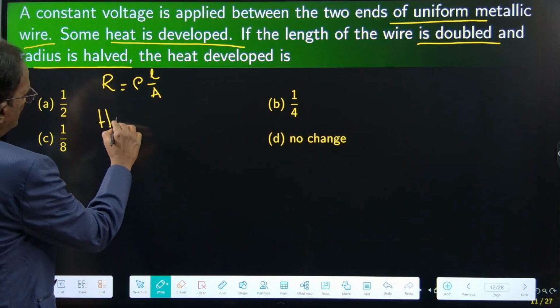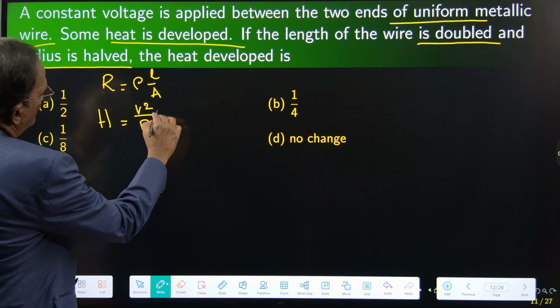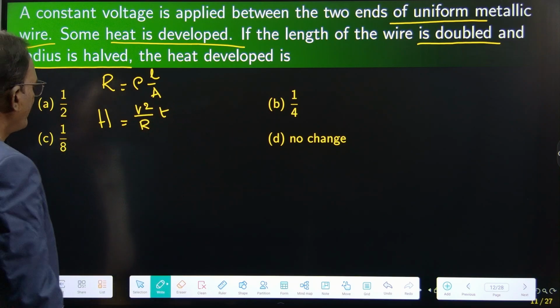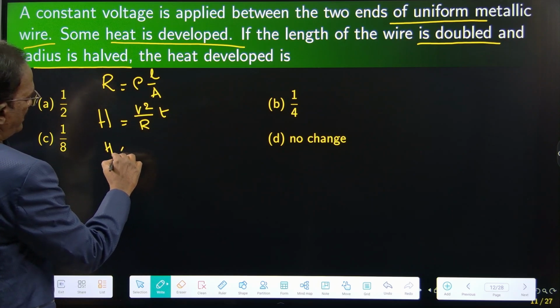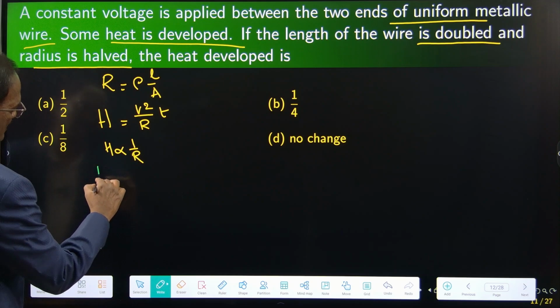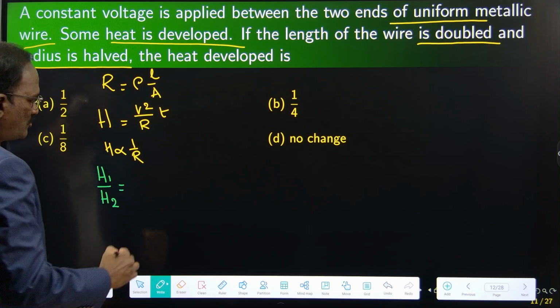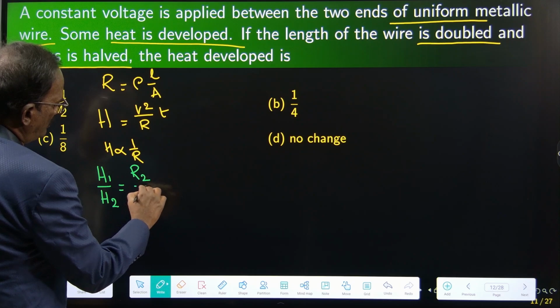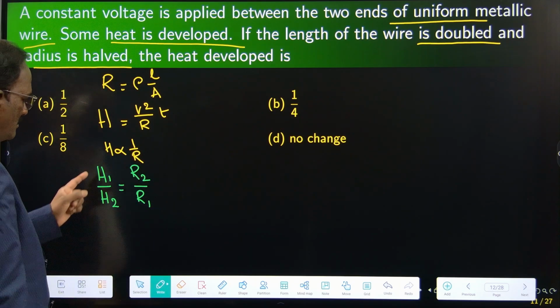So heat is equal to V square by R into T. V common, T common. So heat is proportional to 1 by R. This ratio, H1 by H2, is equal to R2 by R1, inversely proportional.